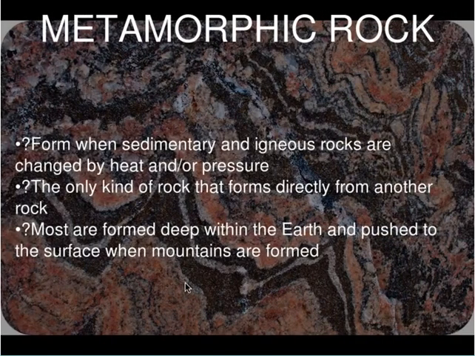Next, turn your papers over in 5, 4, 3, 2, 1. Our first one up is formed when sedimentary and igneous rocks are changed by heat and or pressure. The only kind of rock that forms directly from another rock. Most are formed deep within the earth and pushed to the surface when mountains are formed.